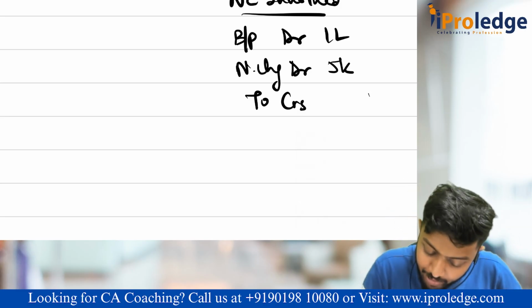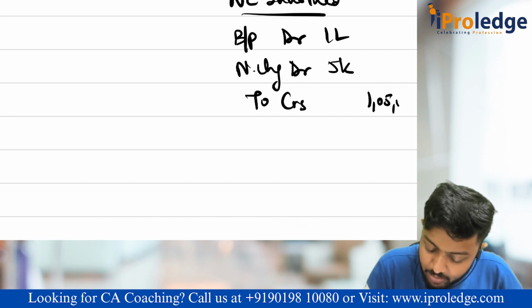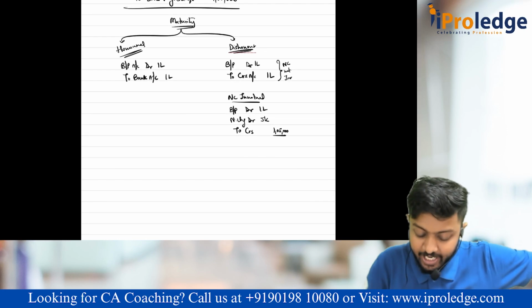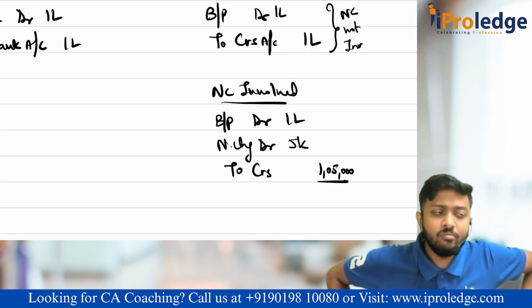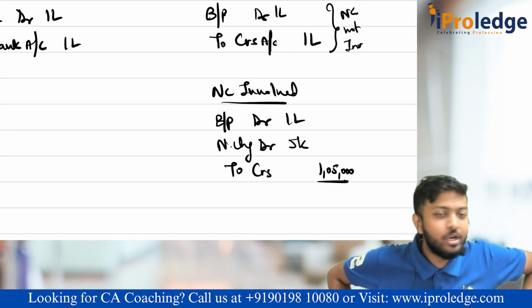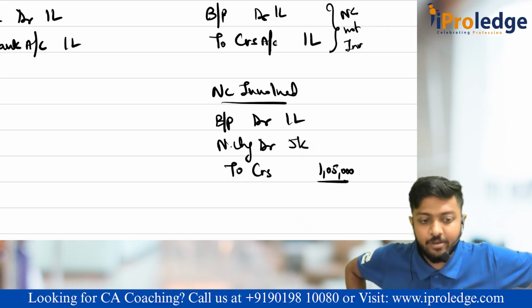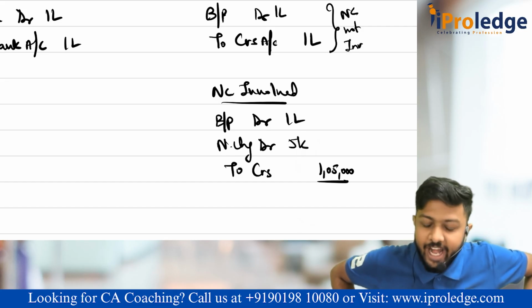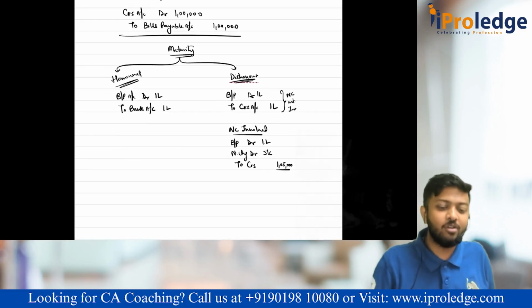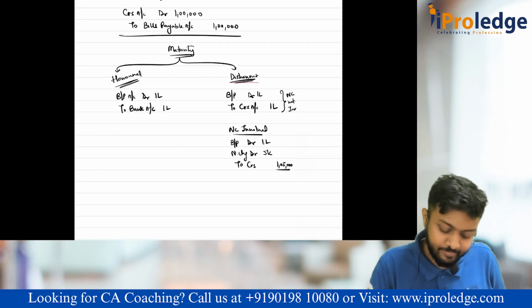So creditor's account, 1 lakh 5,000. Understood? So this is the entry in the books of drawee if noting charges is involved. Then guys, any doubts? No doubts? If you have any doubts, please comment it down. I'll try to resolve it.